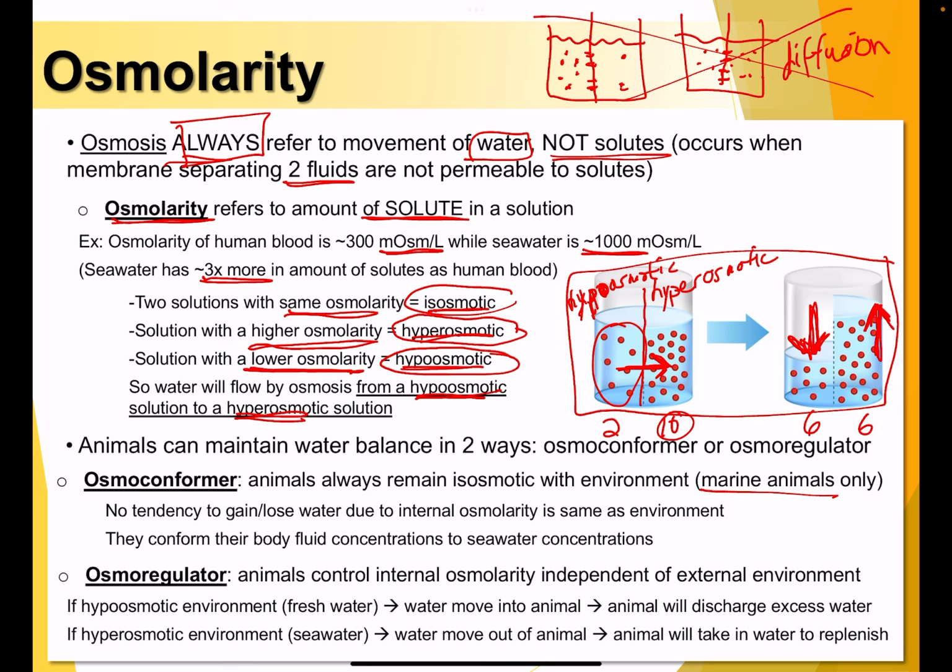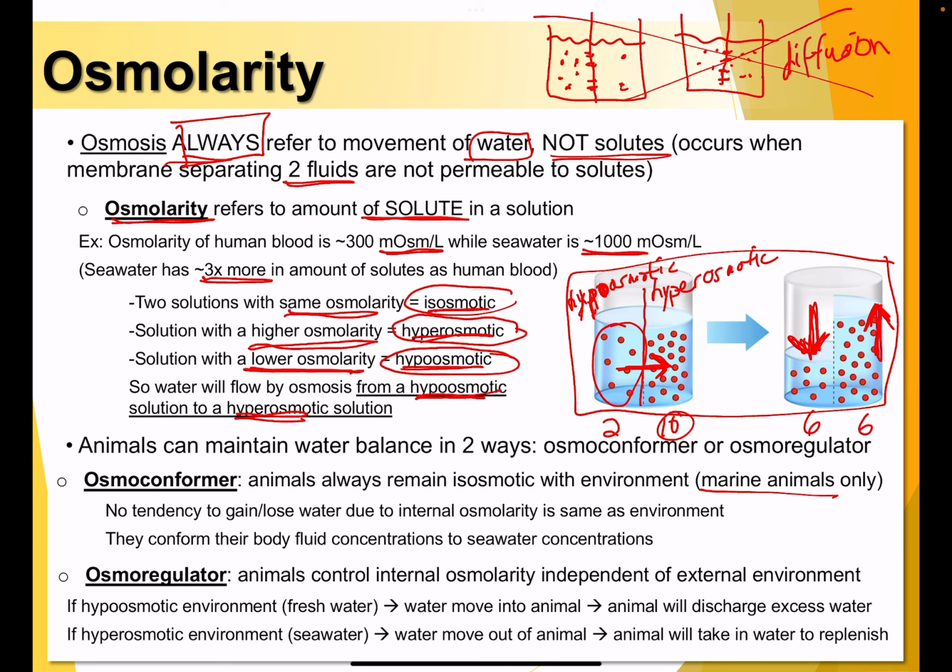For osmoregulators, these particular animals control internal osmolarity independent of the external environment, which means we don't change our solute concentration with whatever environment we're in. It's not like I'm going to jump into the ocean and now my body has a ton of salt in it, and now I'm in this isoosmotic situation with the beach water.